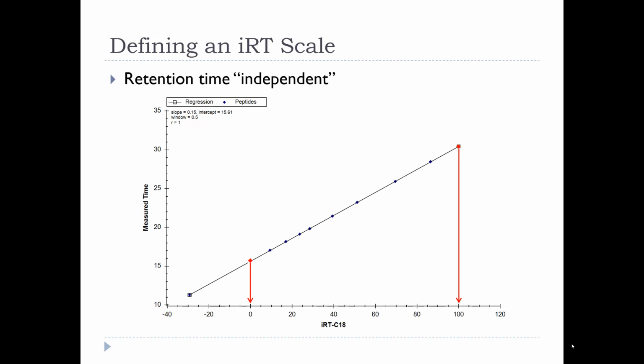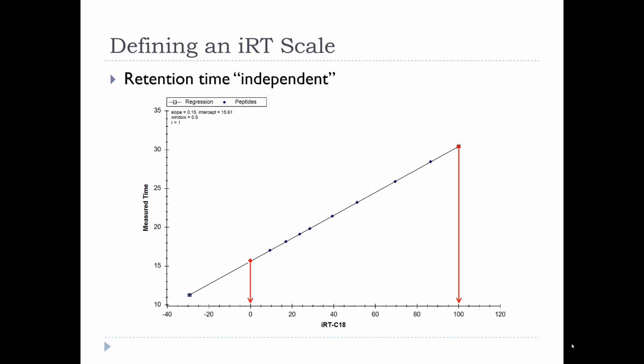So the first thing we want to do for IRT is to get a calibrated value that's retention time independent, right? This is a little bit like how we're all used to dealing with masses and Daltons. Somebody just chose that carbon is going to be 12, and then everything else is relative to carbon 12. So you have to make a choice.